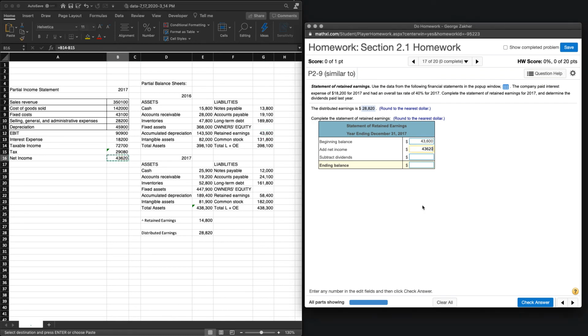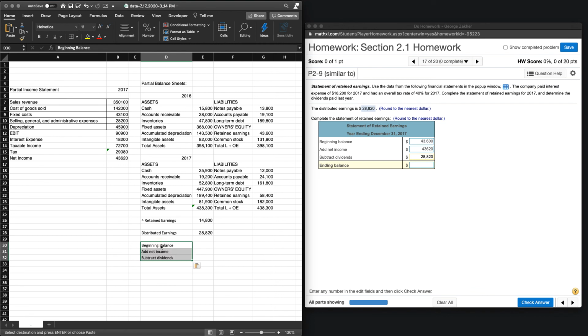Let's make it a little clearer from the Excel sheet. Remember our beginning balance of retained earnings, our net income from our income statement, and then finally our dividends, or distributed earnings.